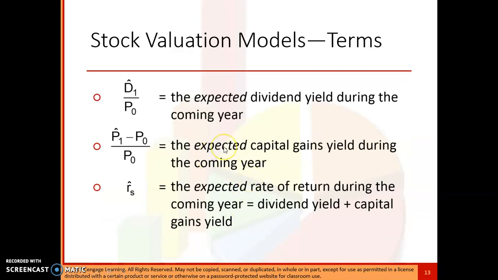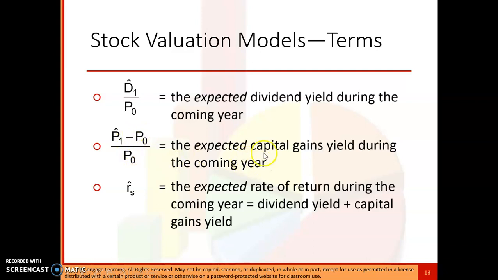So D1 divided by P0, and here we have the expected, the little hat on there. That would be the expected dividend yield in the coming year. The next one here is P1 with the little hat on it, the expected price at the end of the year, subtracted from the current price, divided by the current price.